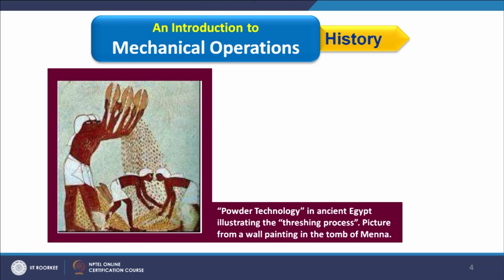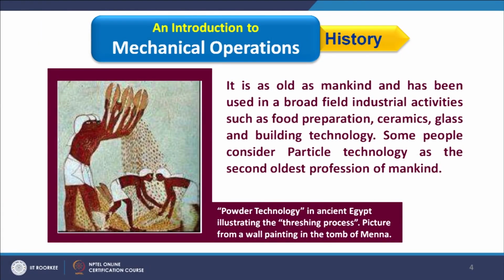Now here if you see, there is one word, powder technology, and I am speaking about mechanical operation. So powder technology is a synonym of mechanical operation. Along with this, particle technology also comes under mechanical operation. So as far as history is concerned, while seeing this figure, we can say it is as old as mankind and has been used in a broad field of industrial activities such as food preparation, ceramics, glass and building technology.